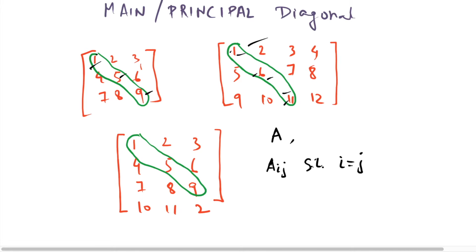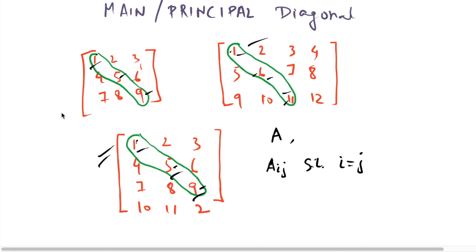And again, in the third example, 1 is in the first row and first column, 5 belongs to the second row and second column, and 9 belongs to the third row and third column. So 1, 5, and 9 constitute the principal or main diagonal in this case. Hopefully the definition and examples sufficiently illustrate what the main diagonal of a matrix is.